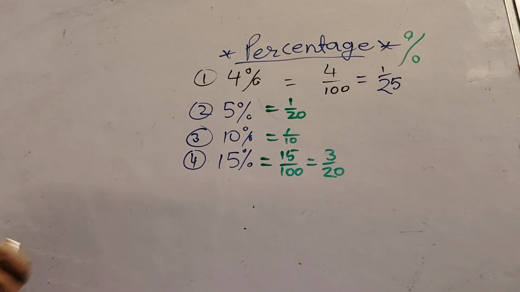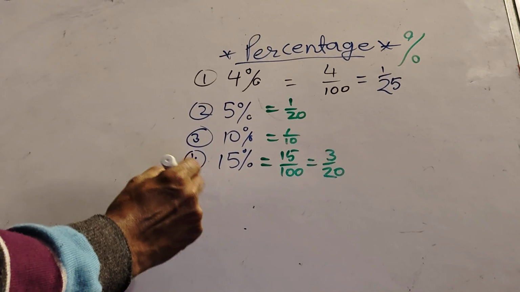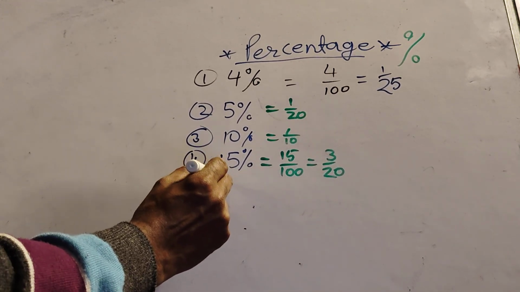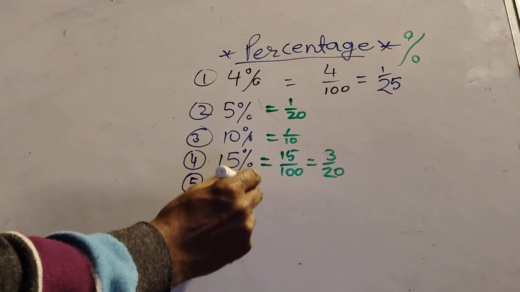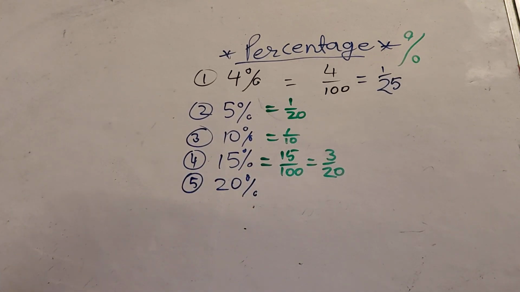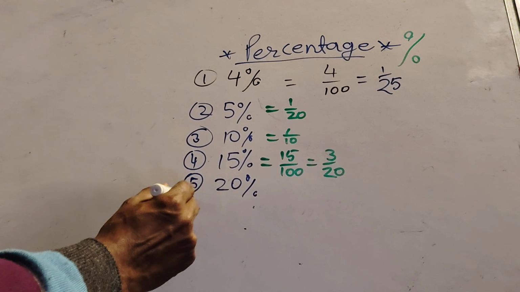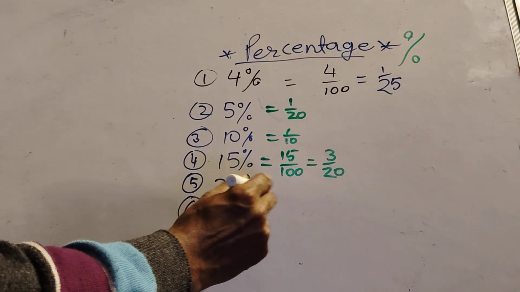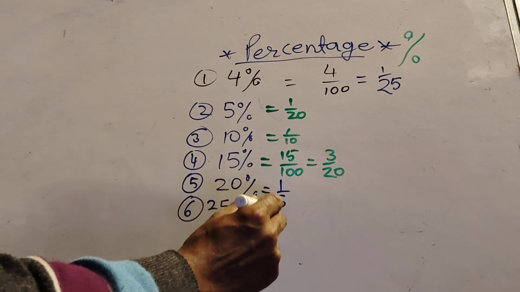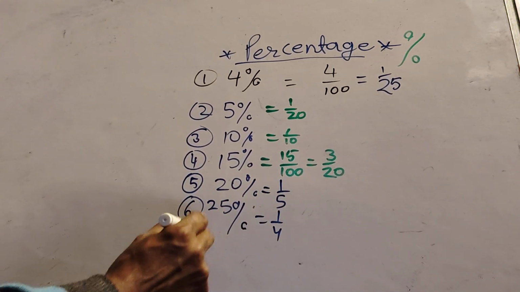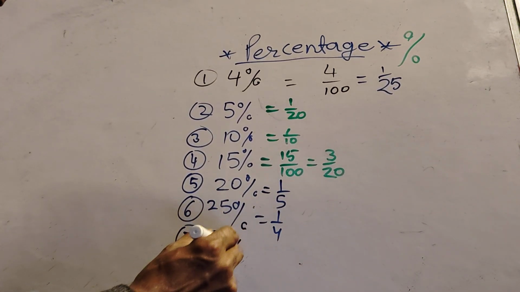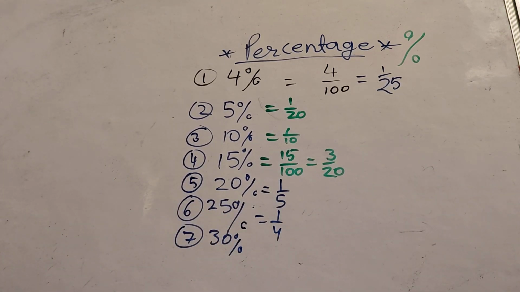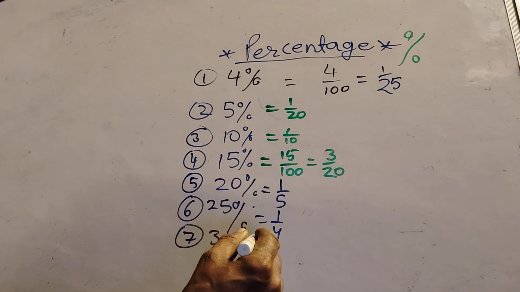Next, the fifth one is 20%. That would be 1/5. Correct. Sixth one is 25%. 1/4. Correct. Seventh one is 30%. 3/10.